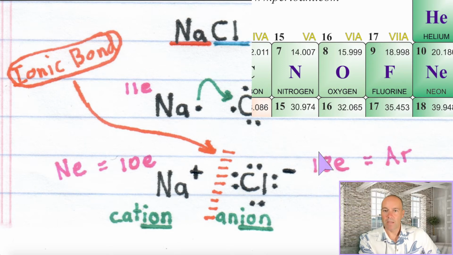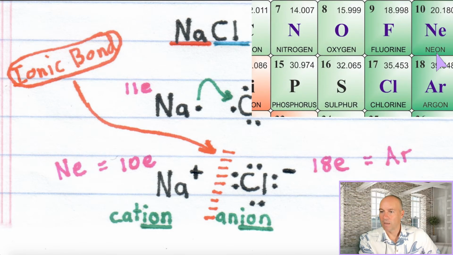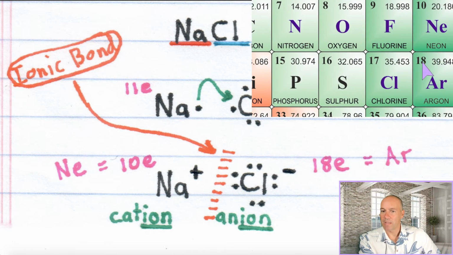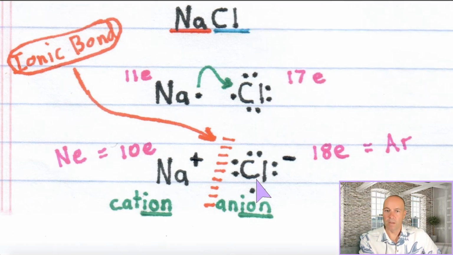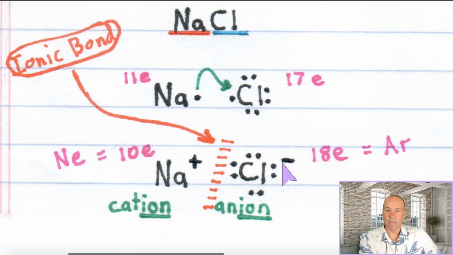Okay, now it has 18, and that makes it like the noble gas argon, and you can see argon is right below neon. It's a noble gas with 18 electrons. So you see the bonding principle at work for chlorine as well. And now chlorine is negative because it has an extra negative charge, so it's a negative ion, an anion.